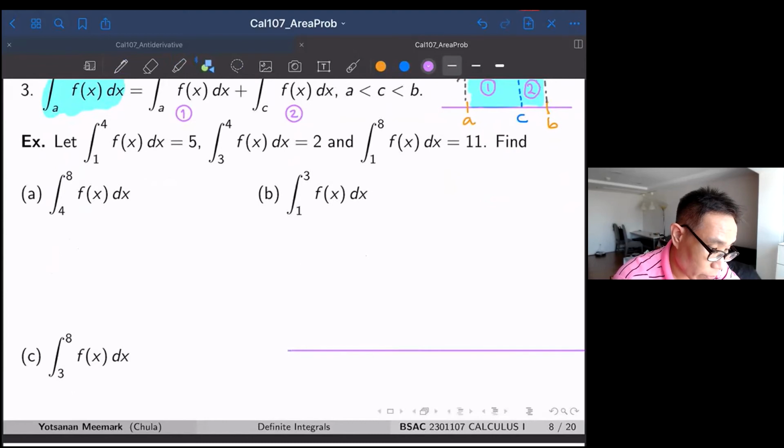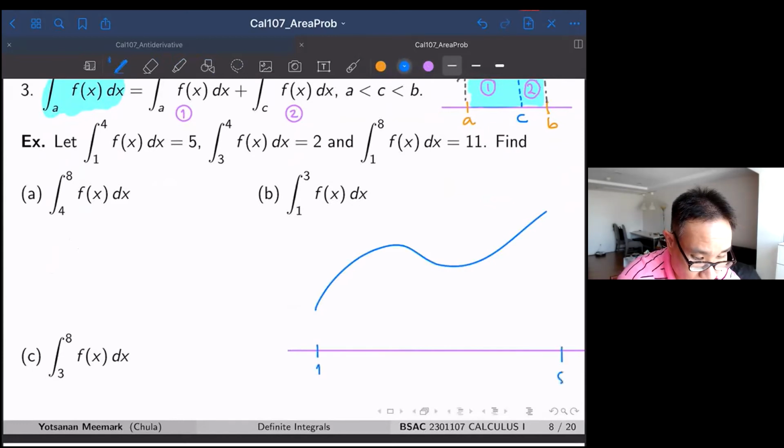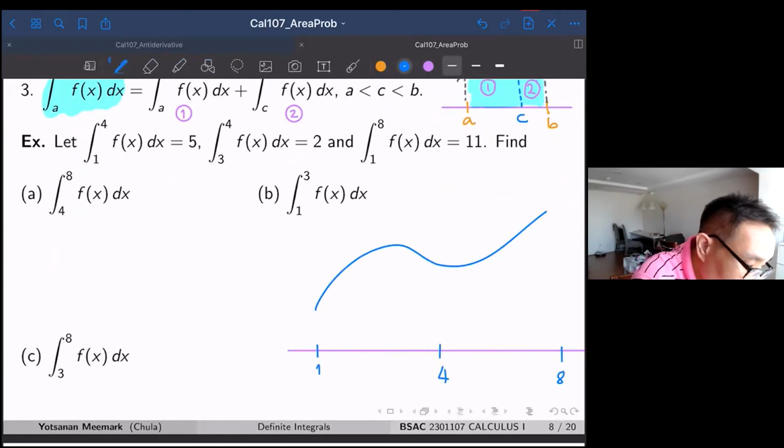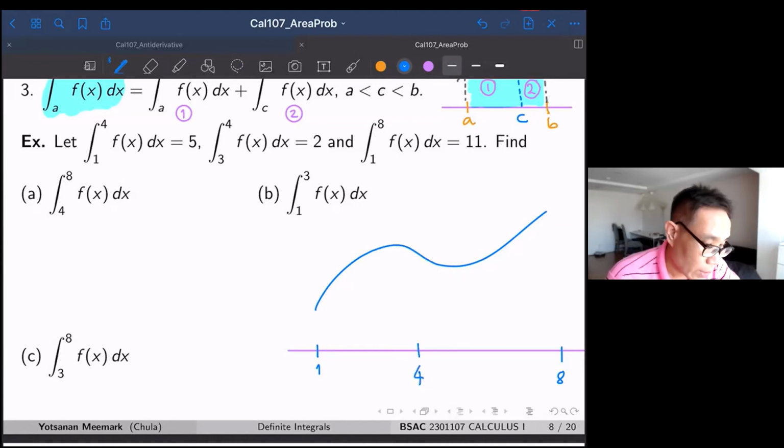So you get 1 to 8. Let me put my 1 here and my 8 here. And you have 1 to 4 equal to 5. 4 lies somewhere here, not in the middle. And 3 to 4. 1, 2, 3.